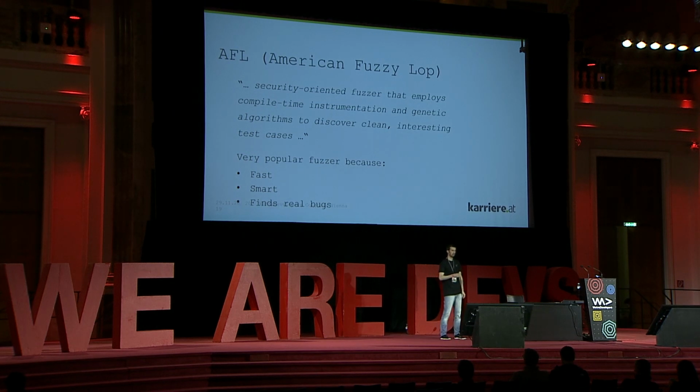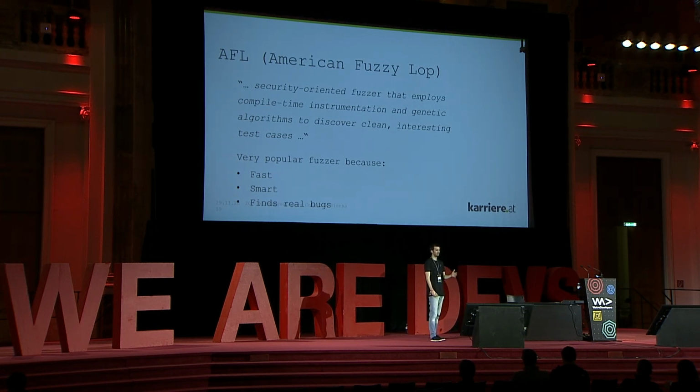American Fuzzy Lop describes itself as a security-oriented fuzzer that employs compile-time instrumentation and genetic algorithms to discover clean, interesting test cases. This may sound a bit complicated at first, at least it did for me, but it is easily explained.